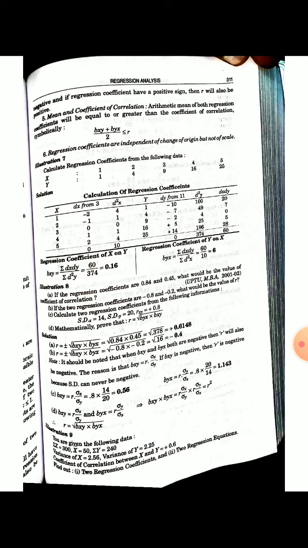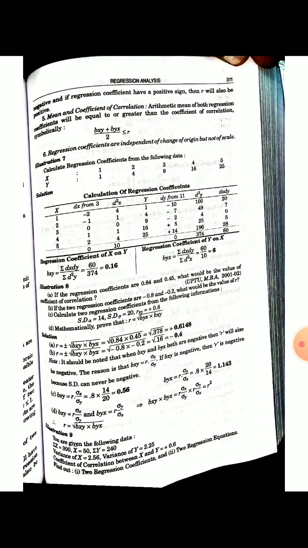So we have to calculate two regression coefficients. Again, the formula will be the same, r into sigma x upon sigma y. The values are given, we will put the values in the formula. For byx also, the process will remain the same, and we will get 1.143.